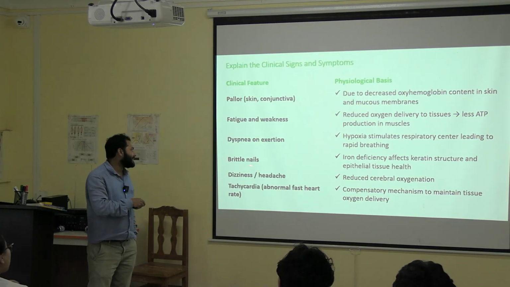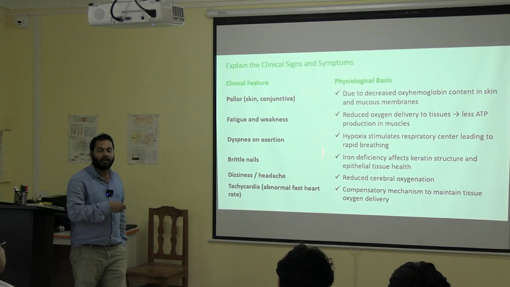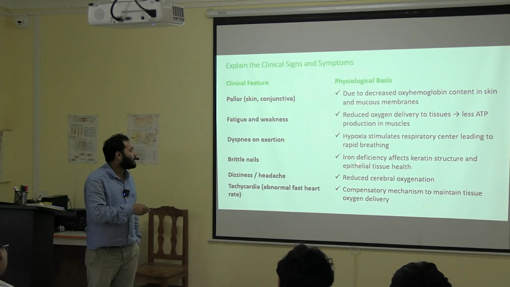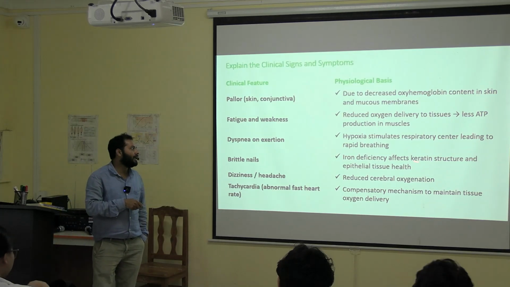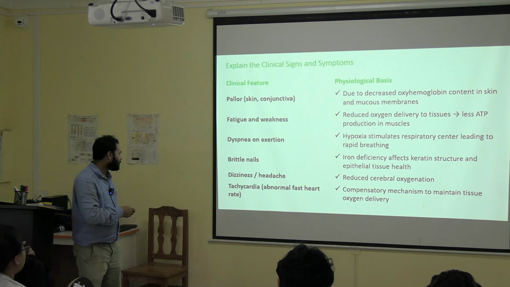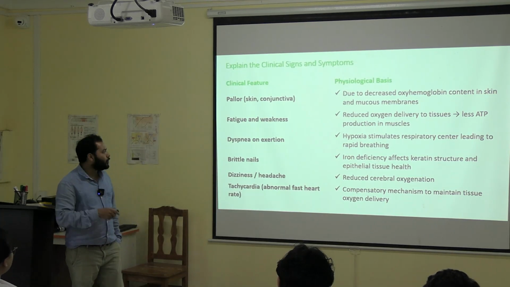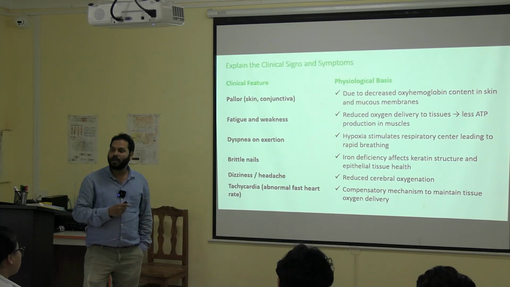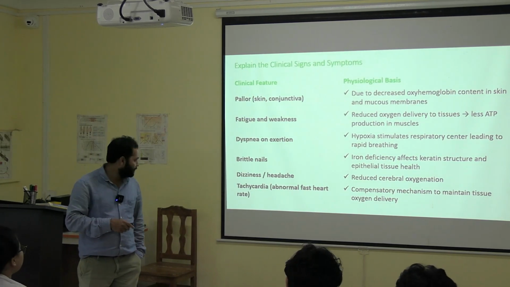Brittle nails is another important feature in this case. Why does this feature come? It is due to the deficiency of iron at a particular site. Mainly, it affects the keratin present in the nail. Dizziness and headache are other important features, and that is also due to the reduced level of oxygen, mainly to the cerebral circulation.